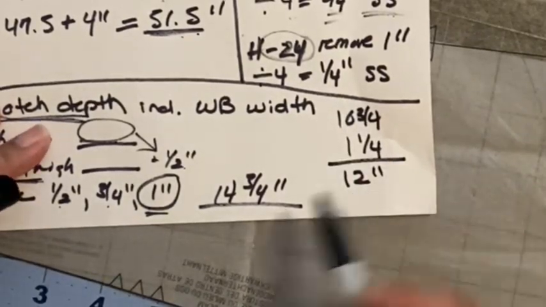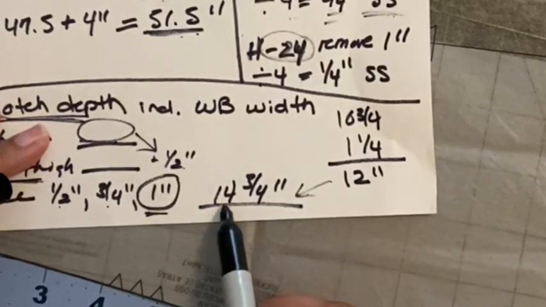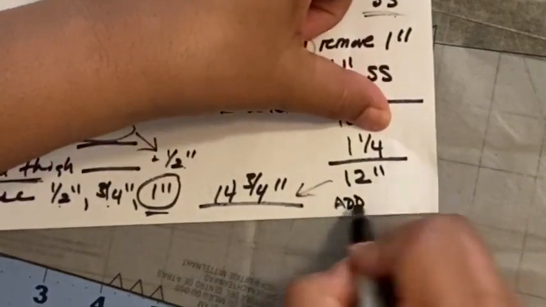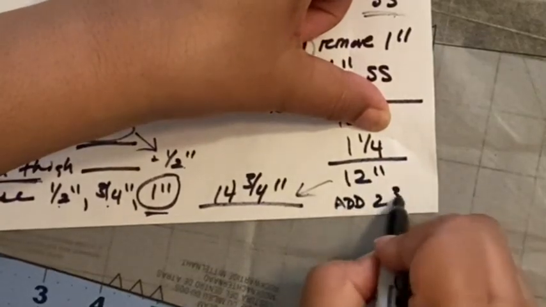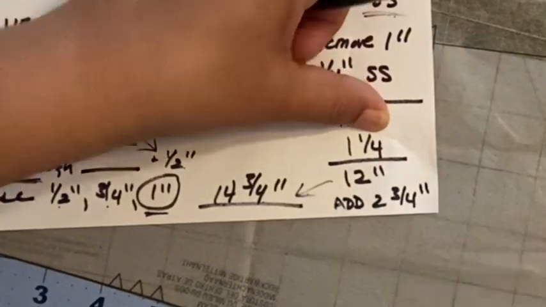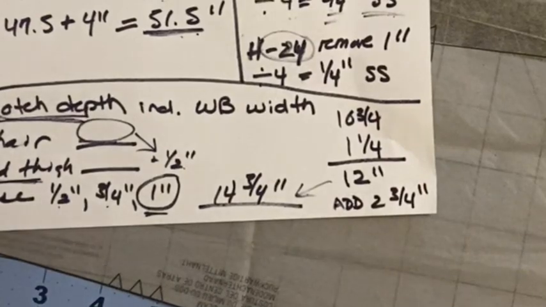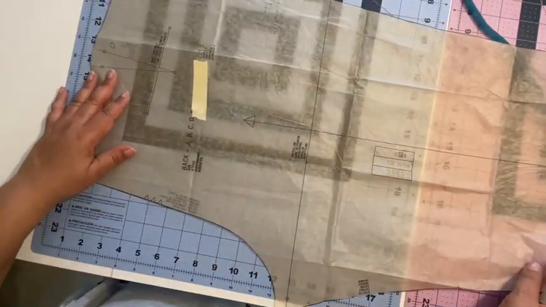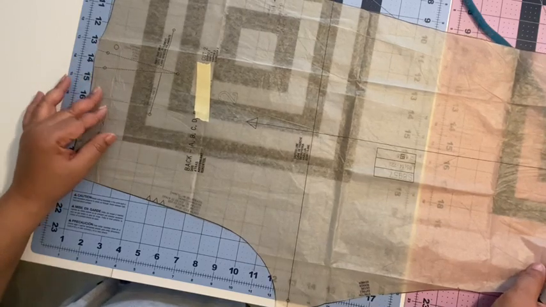What do I need? I need 14 3/4, right? So I need to add 2 3/4 inches to the crotch length. Usually there is a lengthen and shorten line on here.